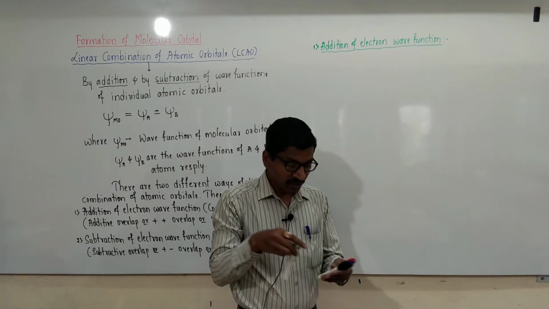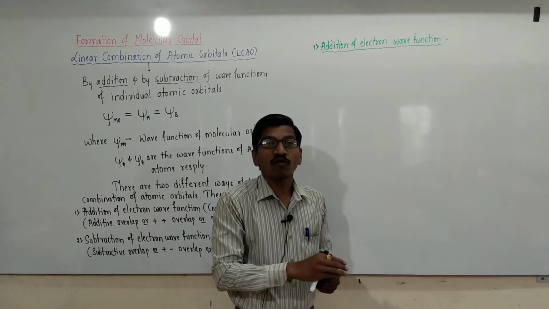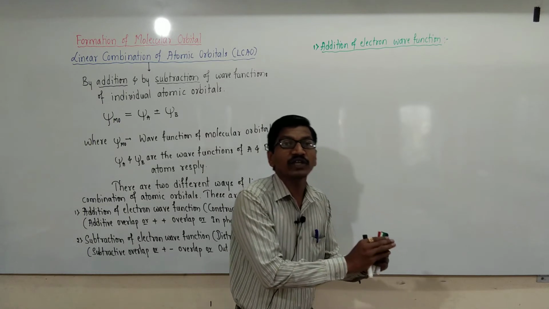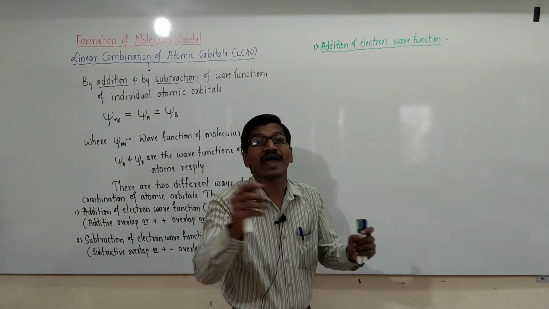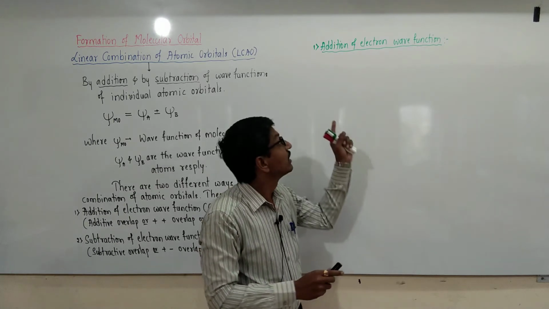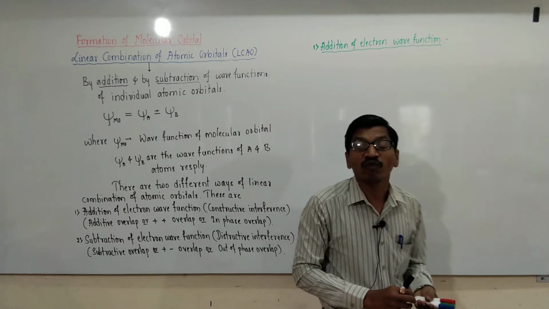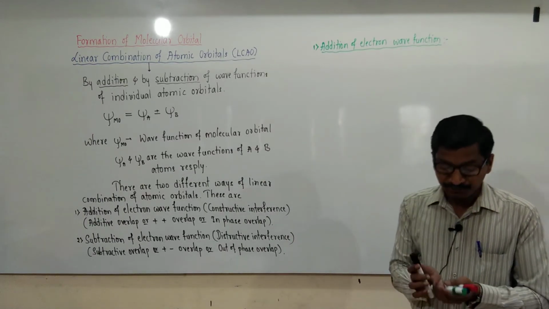Constructive means the amplitude of the positive electron wave function is added with the positive electron wave function amplitude of another atom. That is nothing but constructive interference or addition of electron wave function.